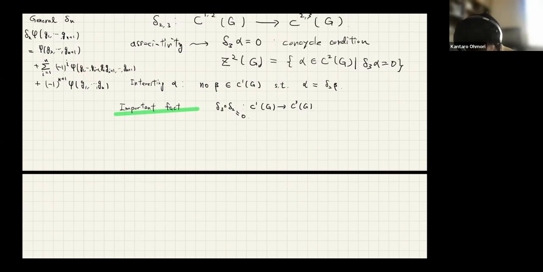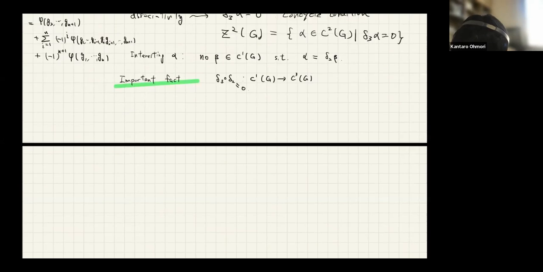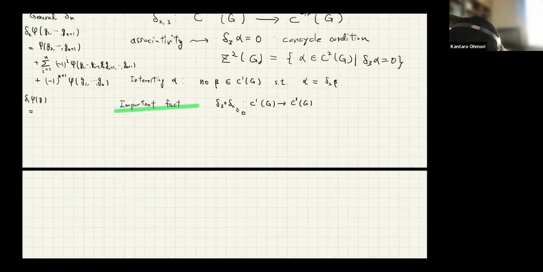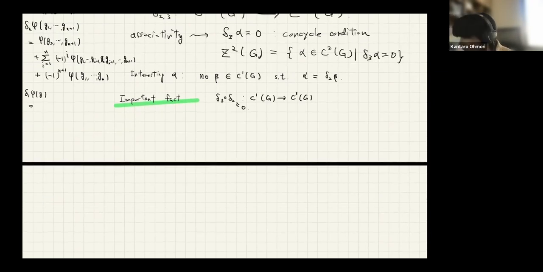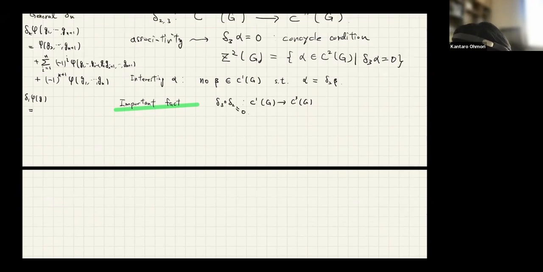Okay, so let's see what delta 1 of phi of g is. Sorry, this is the definition of delta n plus 1.